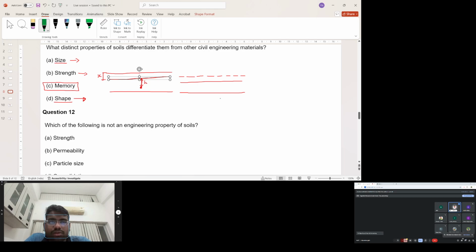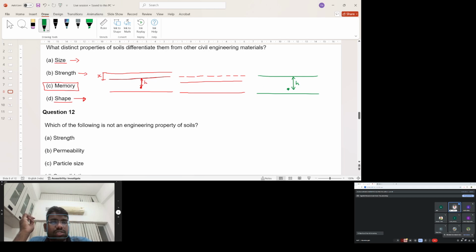Okay. So this is the layer which I was talking about. Now it is clear. We are considering a point here, and it is at a depth, let us consider H. And what I am saying is, I will give you two situations.